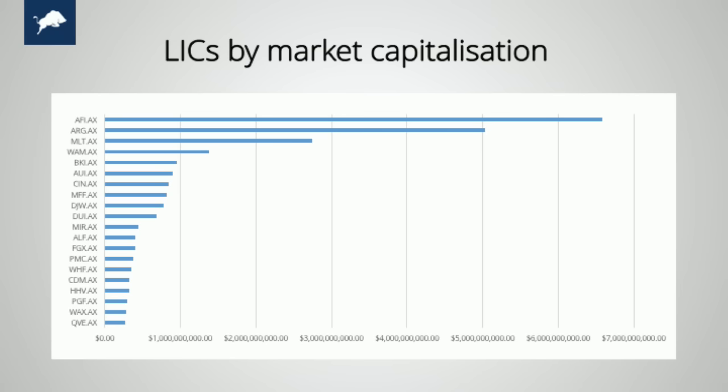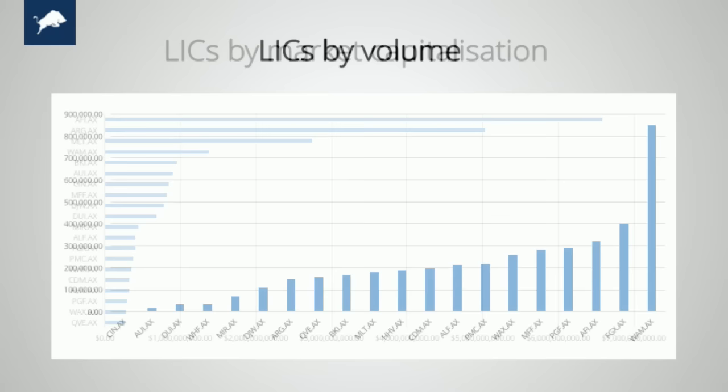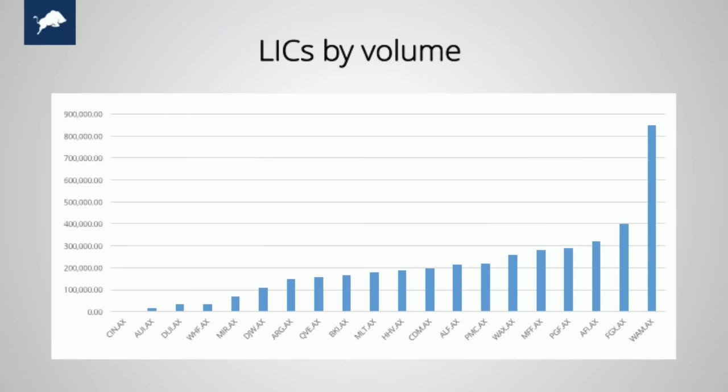And what that means is, when I show you this following slide here, when I say LICs by volume, they are highly illiquid. Apart from Wilson Asset Management, WAM Capital, which is the most liquid LIC out there, interestingly enough, probably the most well publicised and marketed LIC out there on the market as well.